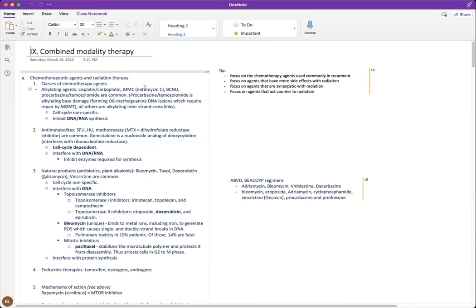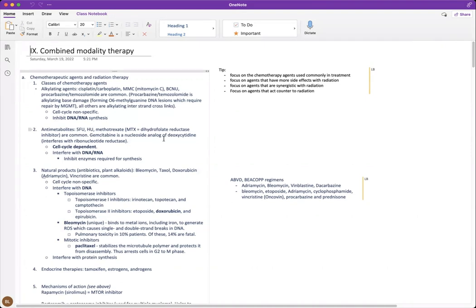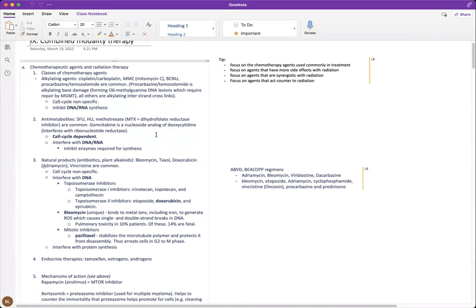Combining radiation with chemotherapy. Classes of chemotherapy agents. There's alkylating agents. This is just the chemo review page. Alkylating agents are not cell cycle specific, and they inhibit DNA or RNA synthesis.